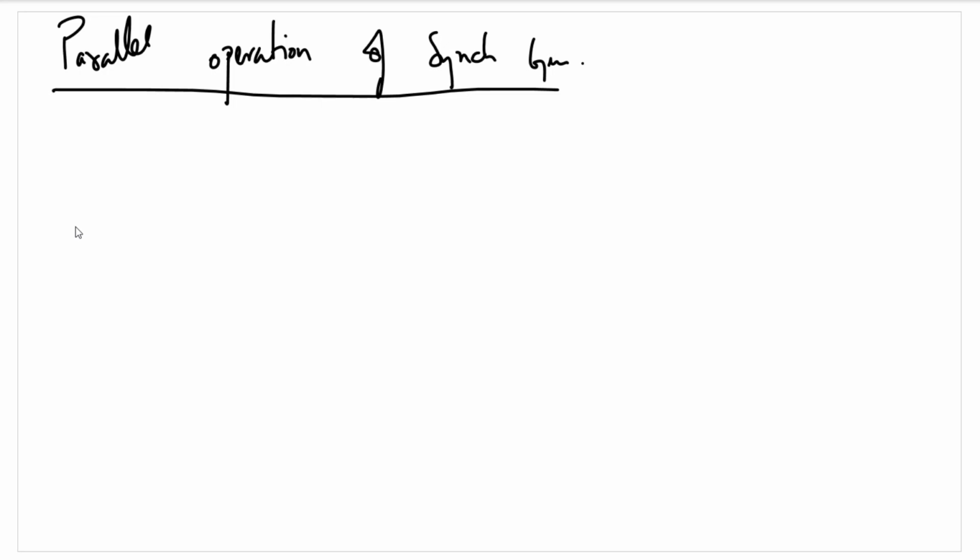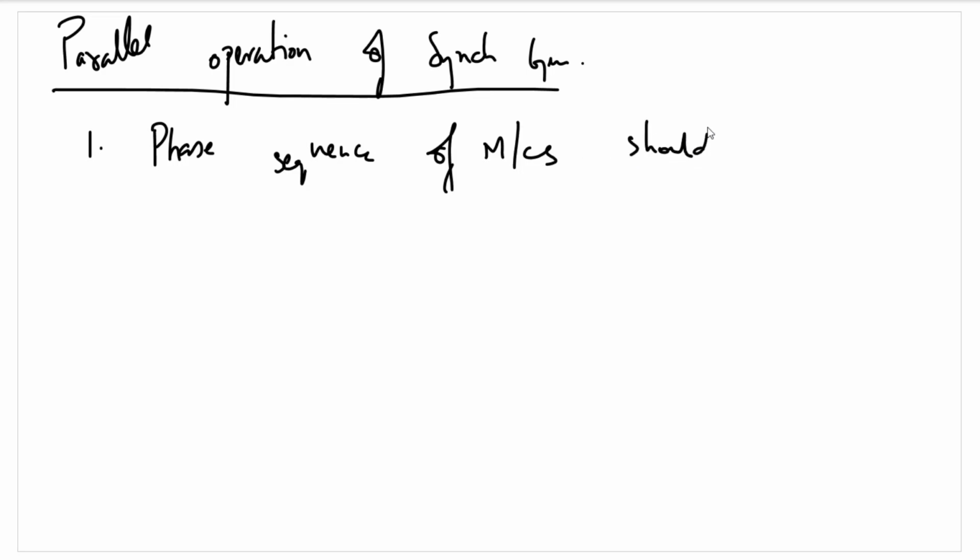So, the conditions we need to keep in mind while operating the generators in parallel: one, phase sequence of the machines. By phase sequence, we mean that if the phase sequence of synchronous generator 1 is ABC, the phase sequence of synchronous generator 2 should also be ABC.